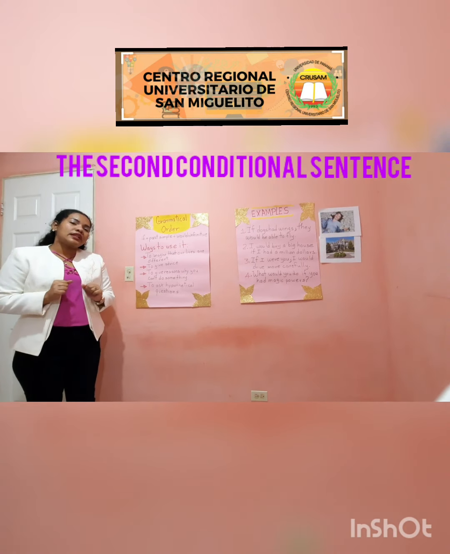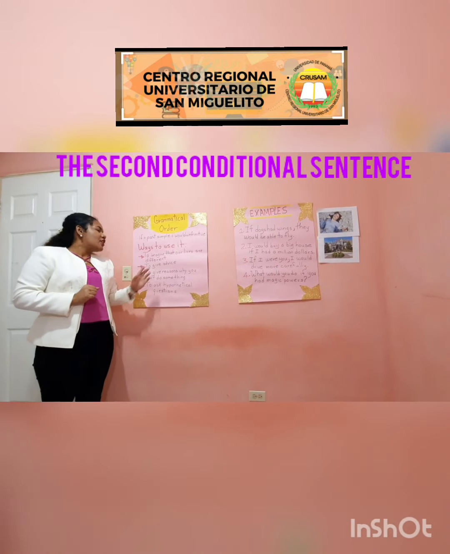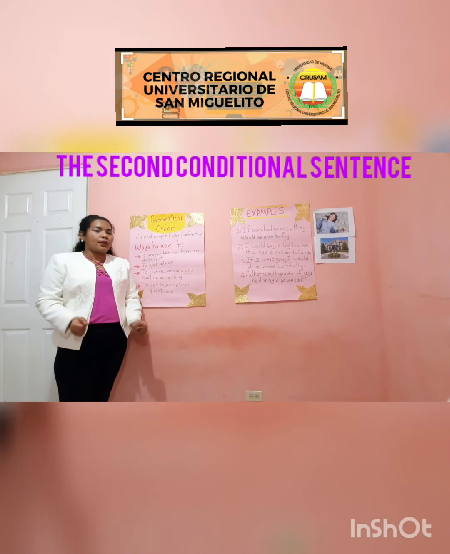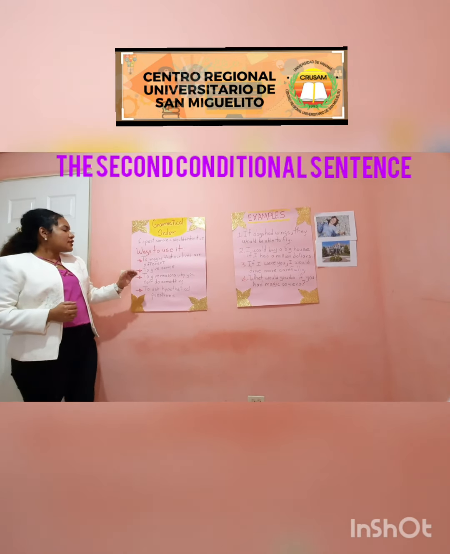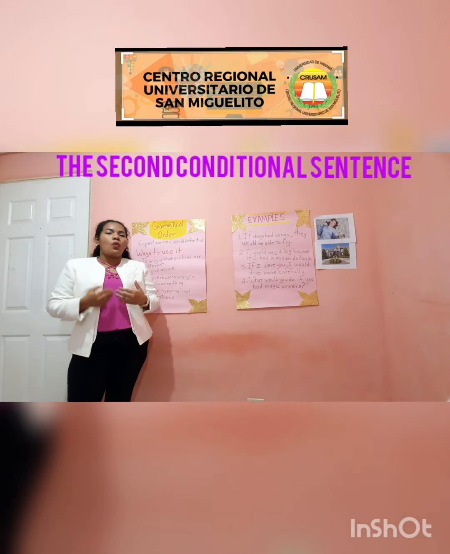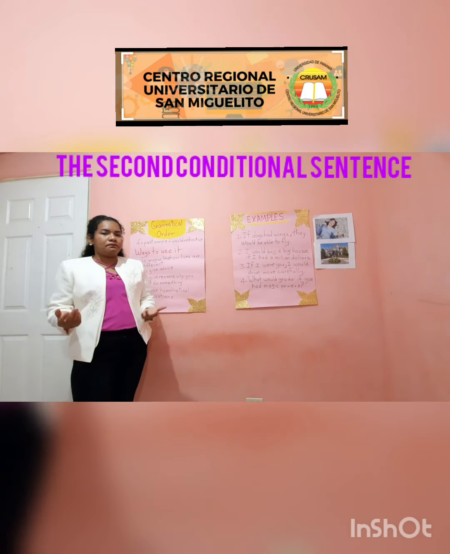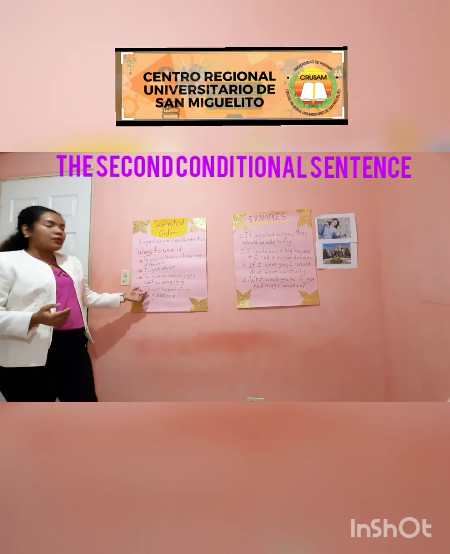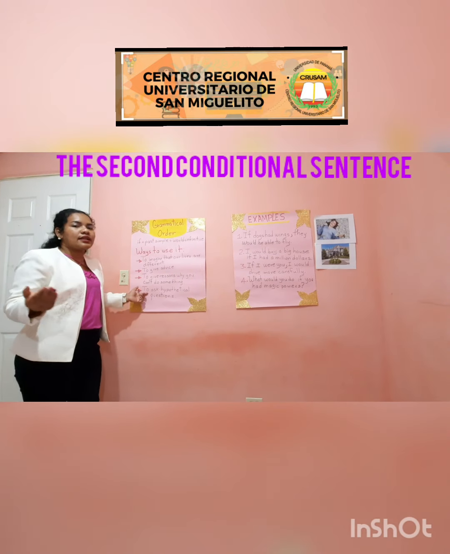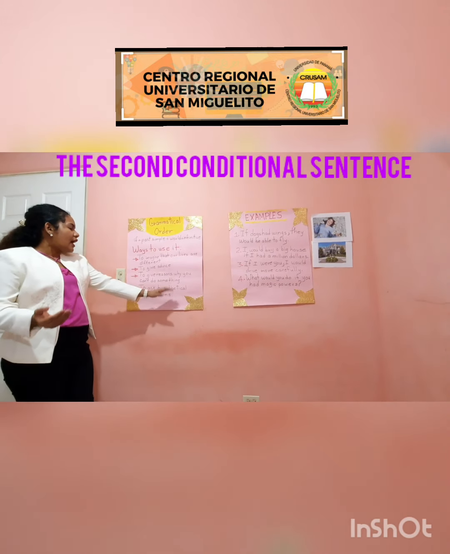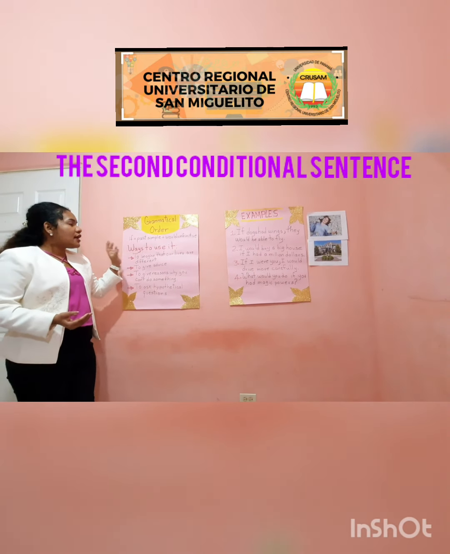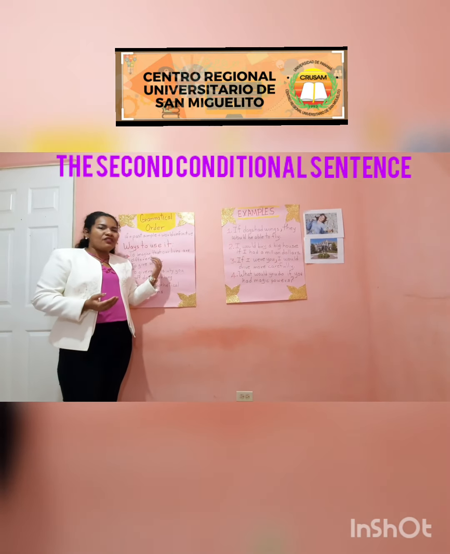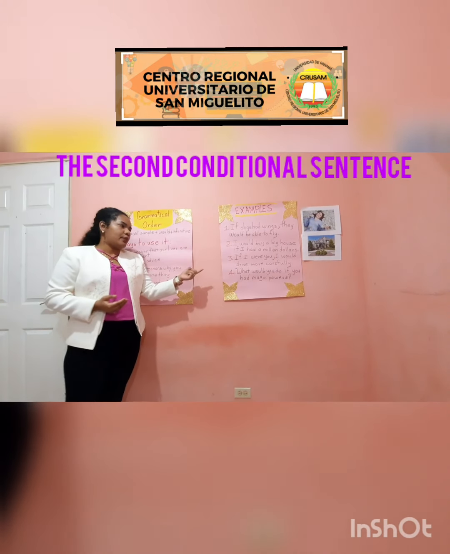We also use them to give advice, right? We also use them to give reasons why you cannot do something. And also, we can use the second conditional sentences to ask hypothetical questions, right? Let's explain more about this in the examples.